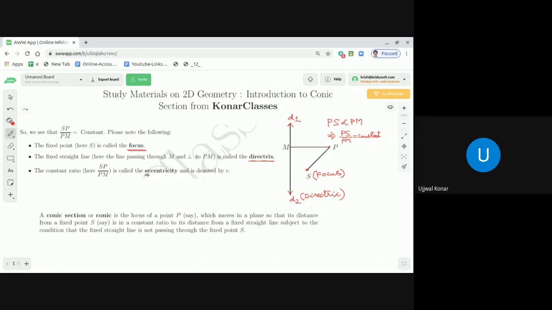Now, dear students, as I said a few minutes back, and I will repeat this once more, as the curve is obtained by the variable point P, sometimes it is a parabola, sometimes an ellipse, sometimes a hyperbola.